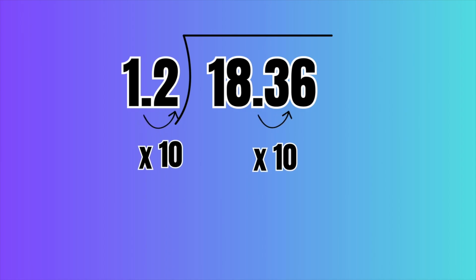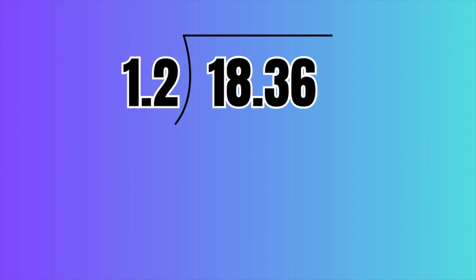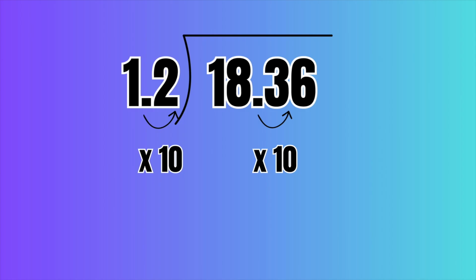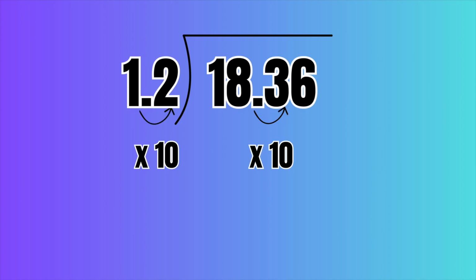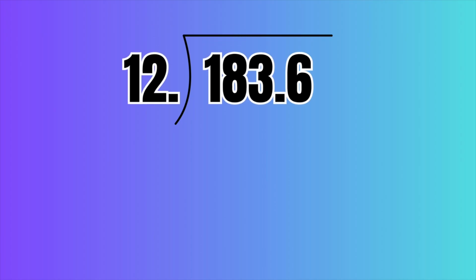So we need to multiply both the divisor and the dividend by 10 to move it over 1 spot to the right. So by multiplying 1.2 by 10 and 18.36 by 10, it would allow us to move that decimal 1 spot to the right on both of them. So now, instead of having 18.36 divided by 1.2, our new problem is going to be 183.6 divided by 12.